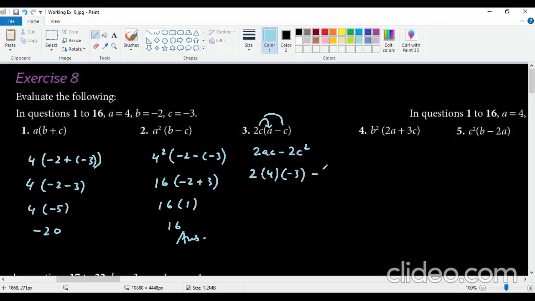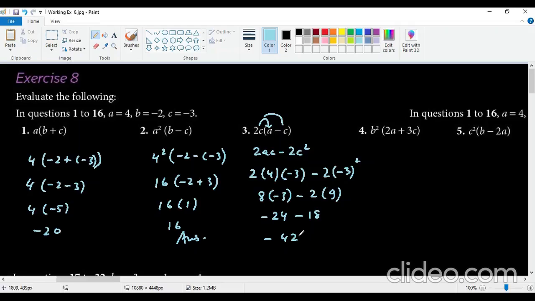Negative 2 times c value, which is -3, is going to give you a square. So now evaluating, 2 times 4 is going to give you 8 times -3, minus 2 times +9. So this is going to give you -24 and -18, and -24 and -18 is going to give you -42 as the answer for this question.